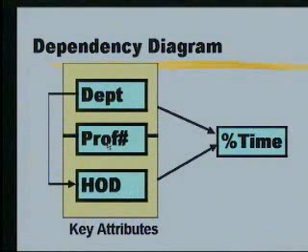If we consider professor number as well as HOD, they also uniquely define the percentage time attribute. But in addition, we have a dependence at this point. That is, if I know a department, I know who the HOD is. In a sense, department functionally determines the head of the department.